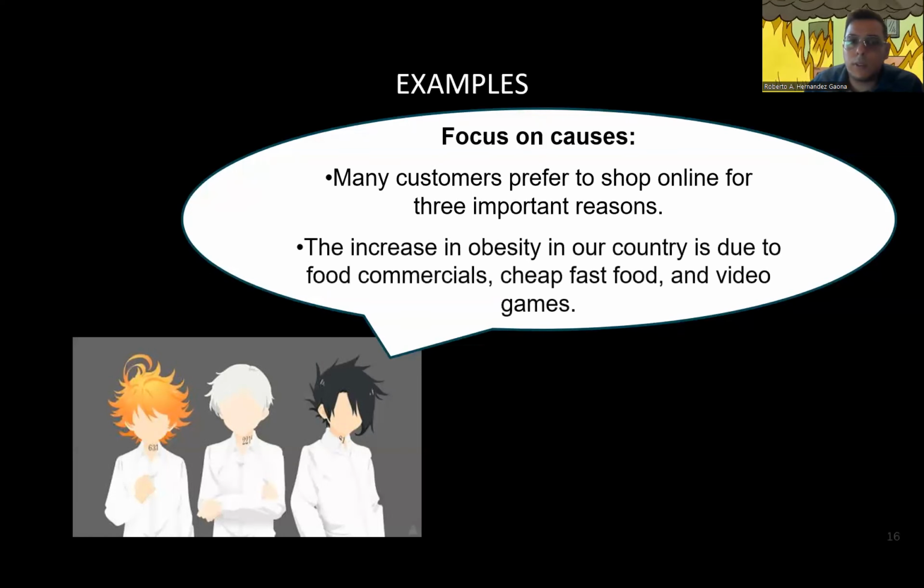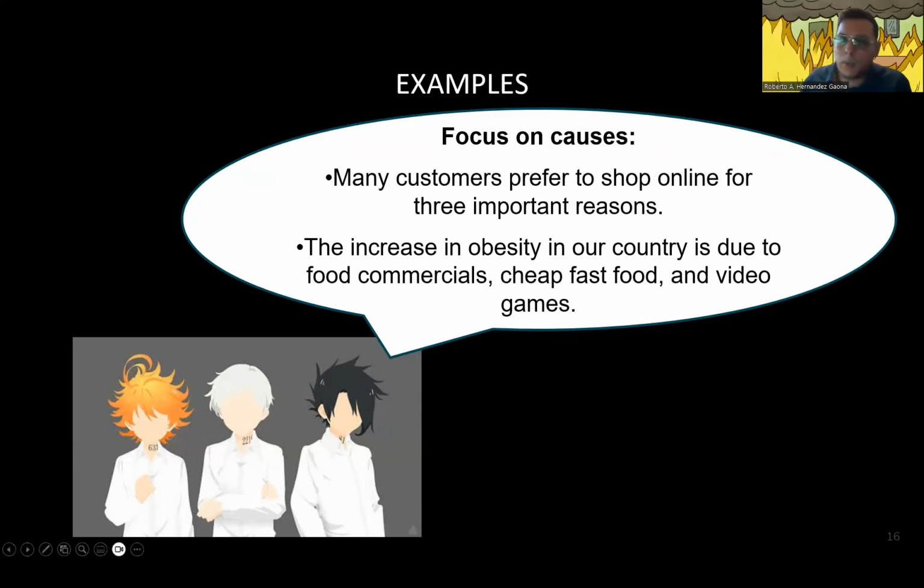The second one says, the increase in obesity in our country is due to food commercials, cheap fast food, and video games. Again, this one is not mentioning a number, and we're not saying the word reasons, but we are getting some examples. So we know that we're going to talk about the causes that increase obesity in our country.